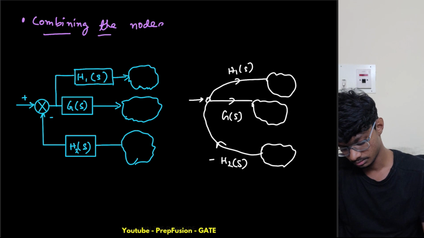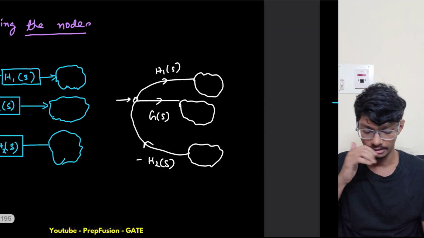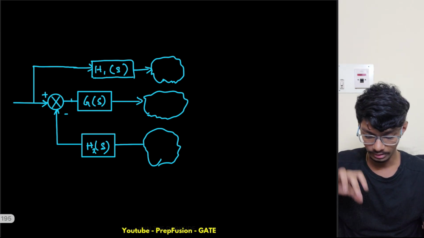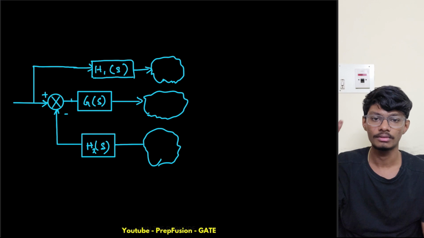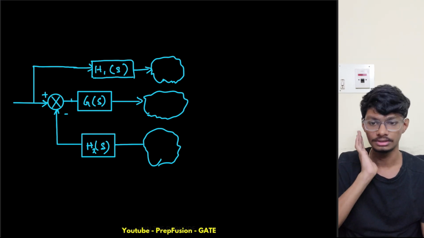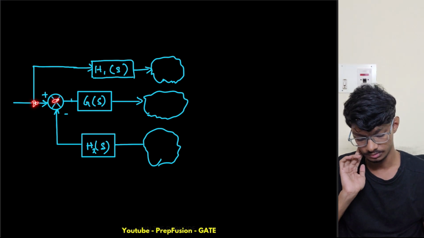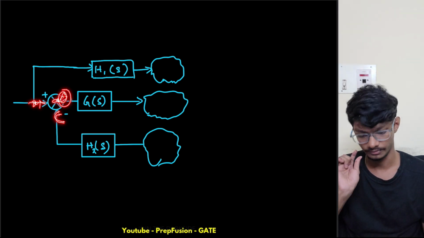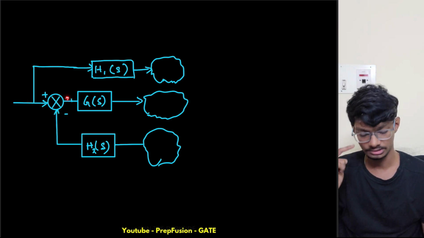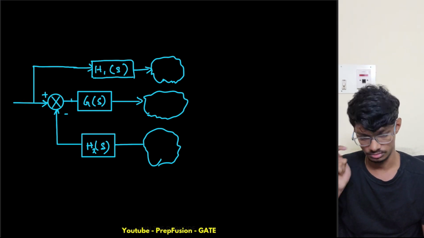Okay, so now another example is if the takeoff point is before the adder. For this case it's easier, you have to consider different nodes only. Why? Because this point and this point are different. After this subtractor we're getting a different value here, so this point is of different value and this point is of different value, so we'll consider two nodes.